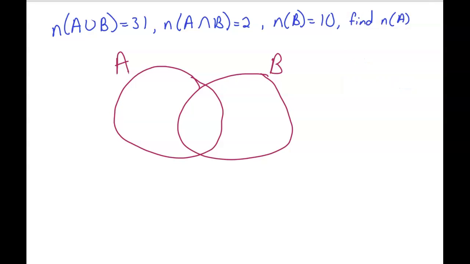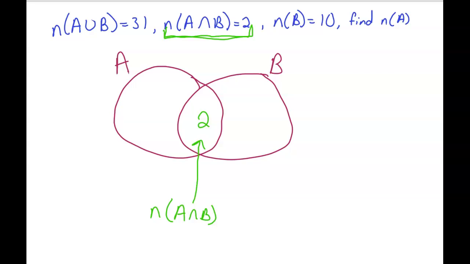Always start with the centermost item. The center is going to be that A intersect B. And so the number of A intersect B is going to be a 2. That is this portion right here. Okay? So we know that 2 is right here.